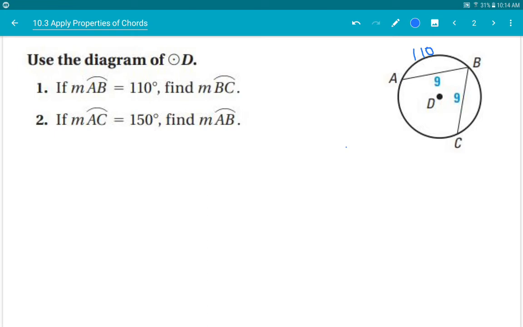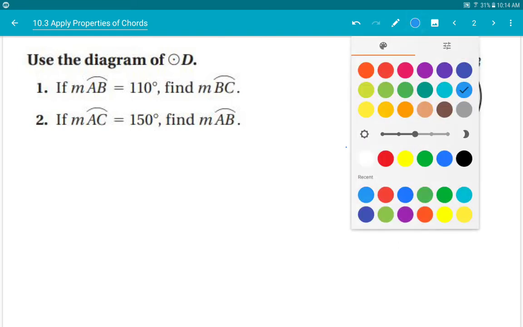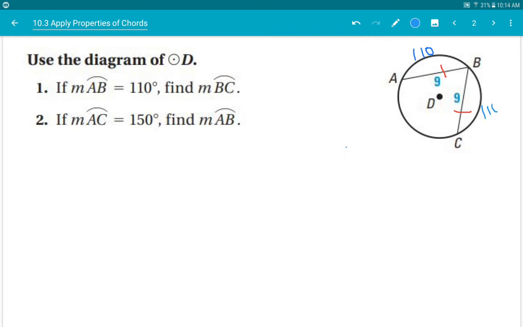As we work through this, chord AB is 9 and chord BC is also 9, so I know they're congruent. Since these two chords are congruent in the same circle, I know that their arcs also need to be congruent. So this should also be 110. The measurement of arc BC is 110 degrees.